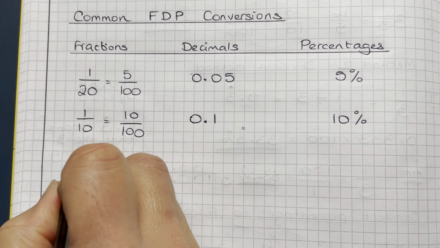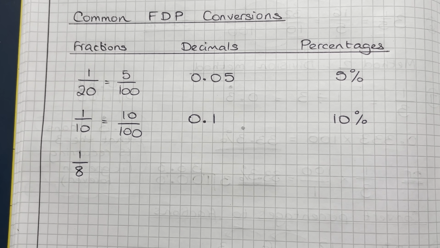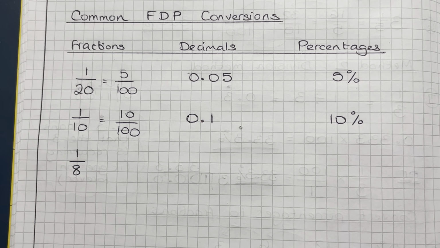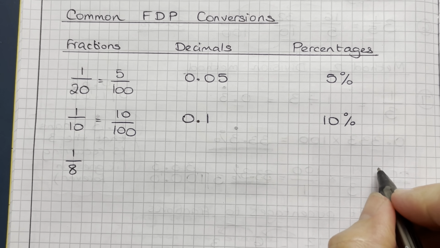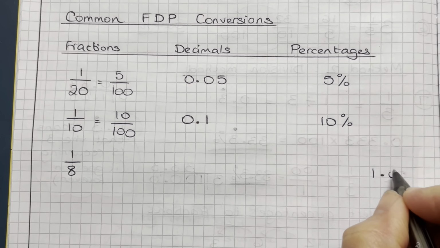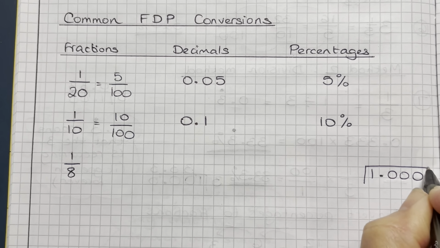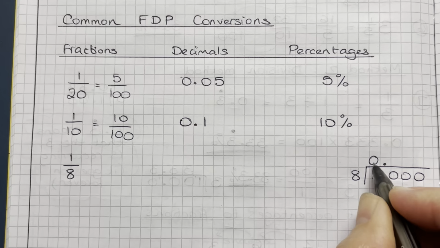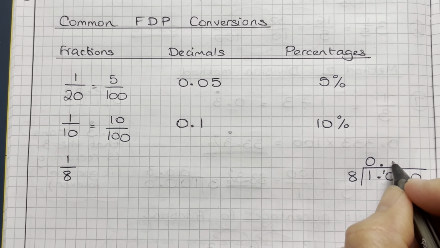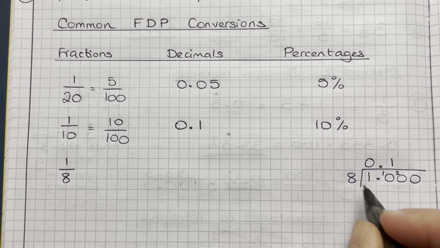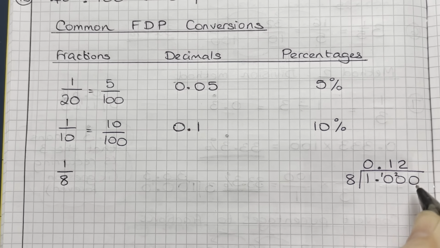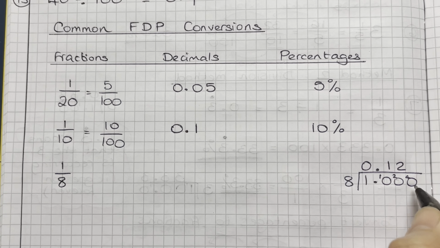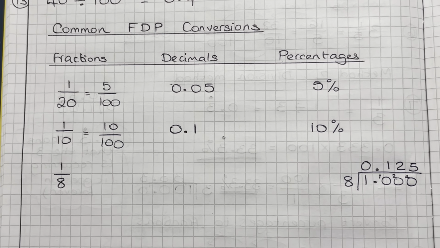Let's look at 1/8. Now for this calculation, I would use a quick bit of short division. So I'd say I've got 1 and I'm dividing it by 8. So 8 doesn't go into 1, 8 goes into 10 once, remainder 2, 8 goes into 20 twice, remainder 4, and 8 goes into 40 5 times.